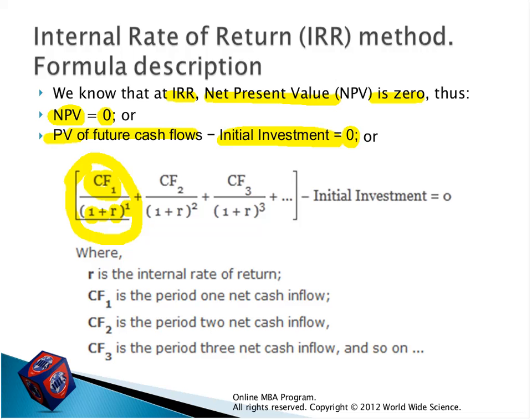The first part means that we are trying to find the present value of the first year's cash flow. Plus the cash flow of the second year, CF2, divided by 1 plus R to the second power, because this cash flow comes in the second year.